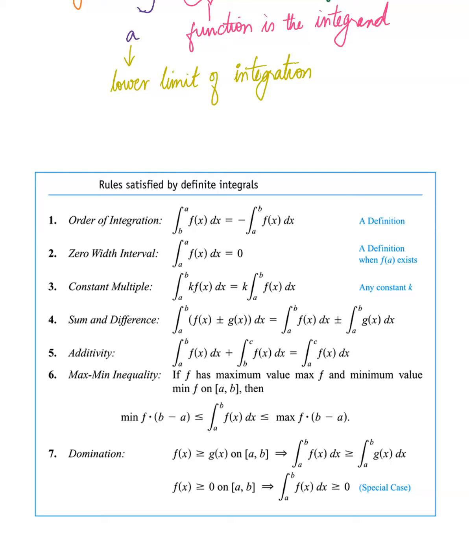Additivity, as you can see, if you wanted to add integral a to b f of x dx to integral b to c f of x dx, going from a to b and then b to c for that same function, that means it's as if you went all the way from a to c, and that's what the additivity rule says. Then you have the max and the min.